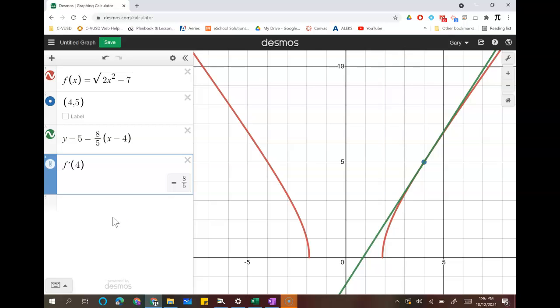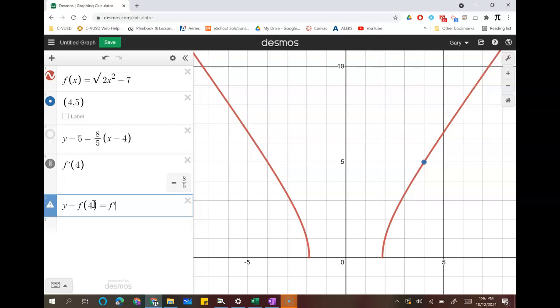Now another really cool thing with Desmos, that 5 is the y value of f at 4. So I can actually write, if I turn this one off, this is really cool. So y minus, not f prime, this is just f of 4, my y value there, equals the slope f prime of 4 times x minus 4.